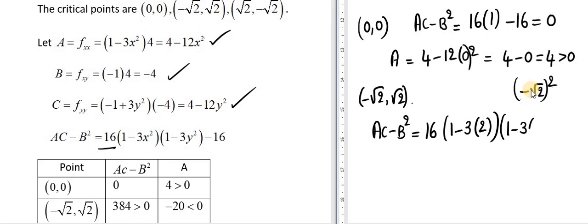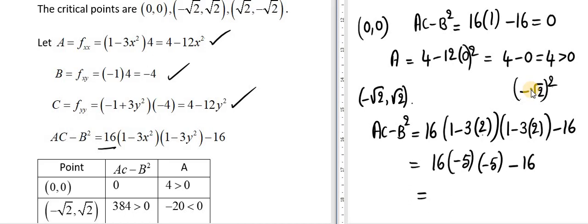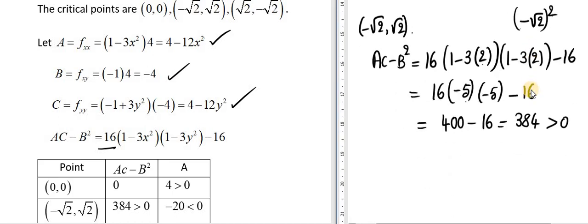Similarly, 1 minus 3 into 2 minus 16. So 16, this is 6. 1 minus 6 is minus 5 minus 16. So minus into minus plus, 16 5s are 80, 80 5s are 400. Minus 16. So we are going to get 384, that is greater than 0.